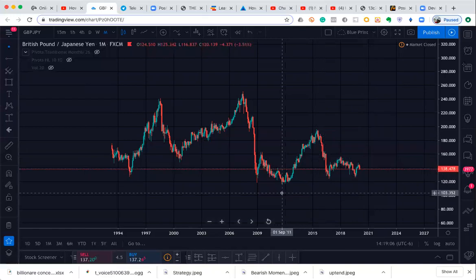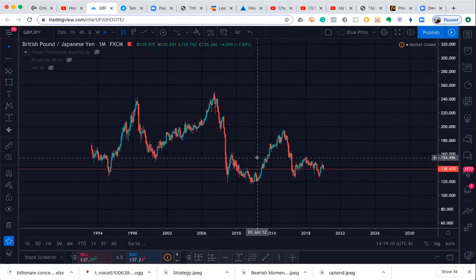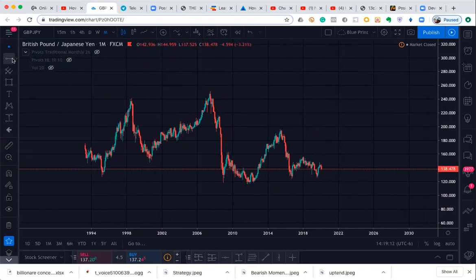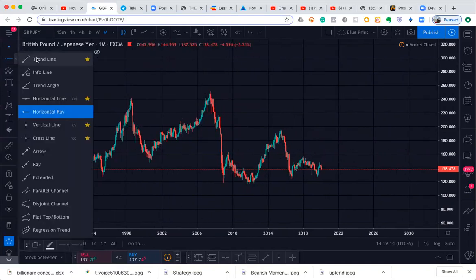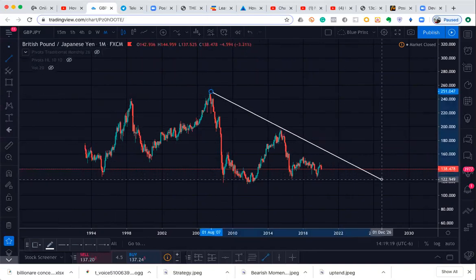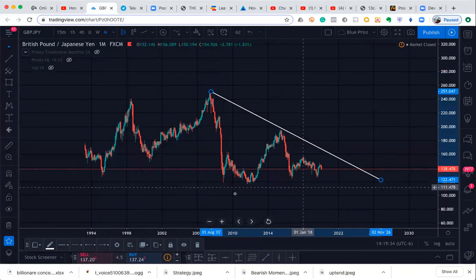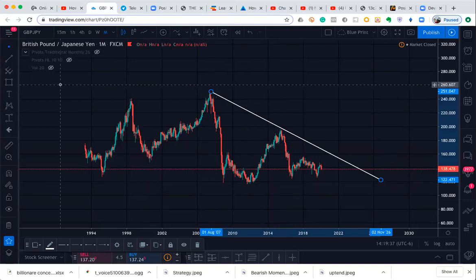So when we sit down and start looking at the monthly, the first thing that I see is that price keeps making a high right here, then a lower high, and then we got this area right here. The second thing that I see is pretty much this floor sitting right here.